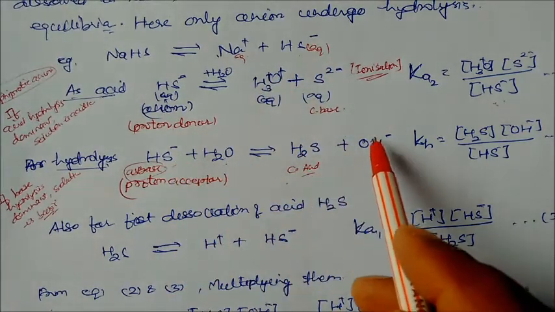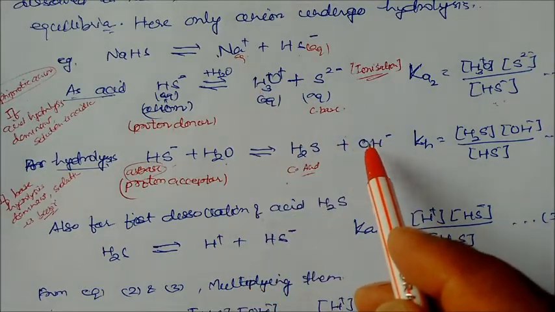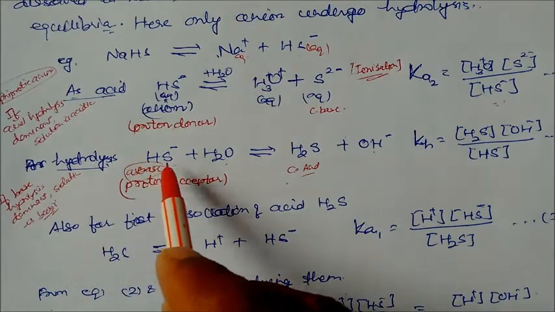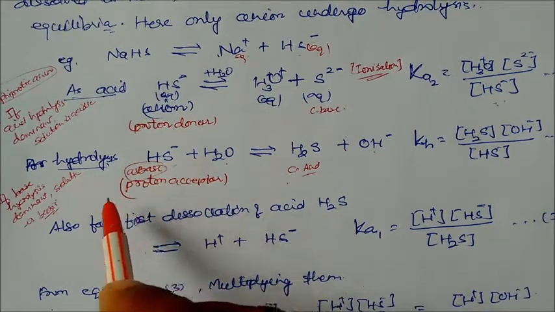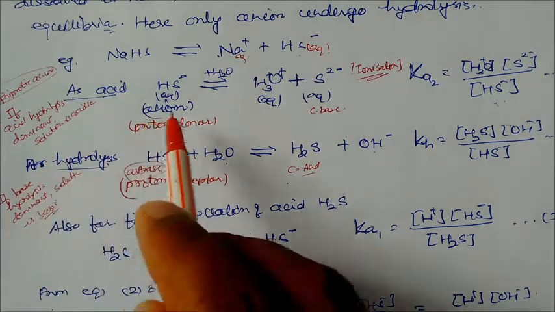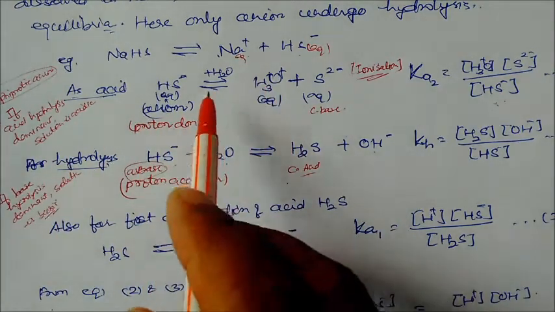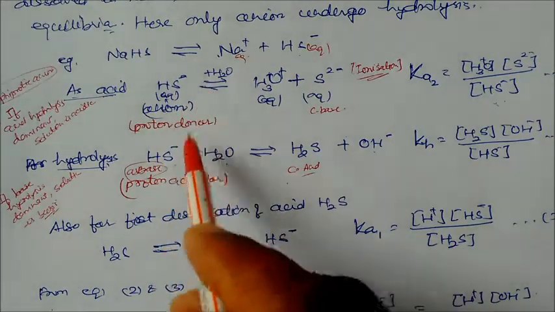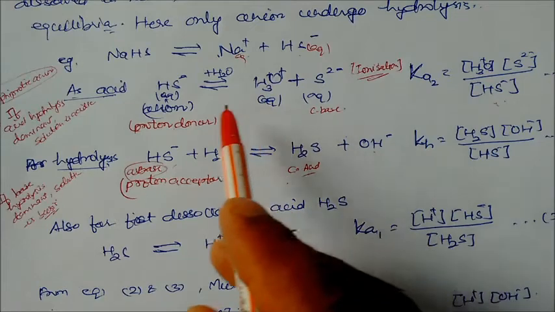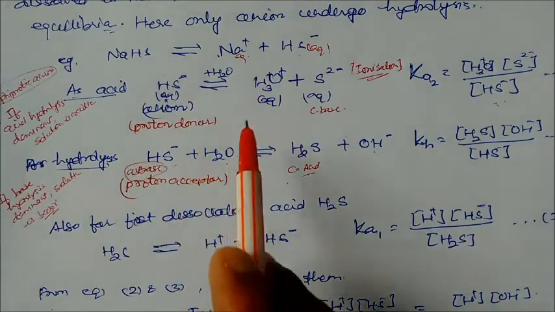If the concentration of this is more than this, then more means predominant over the solution. And if we are undergoing base hydrolysis, the solution will be basic. If the concentration of H+ is more than the base hydrolysis, then the solution will be acidic. So these two, the concentrations of H+ and OH⁻, only determine the nature of the solution.